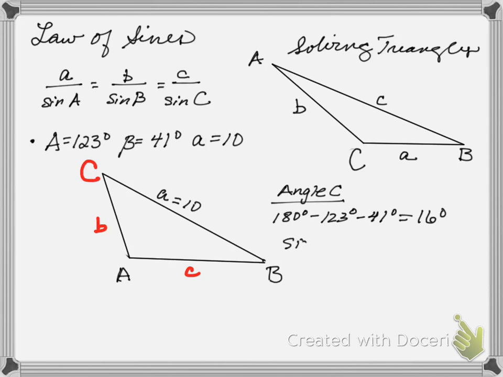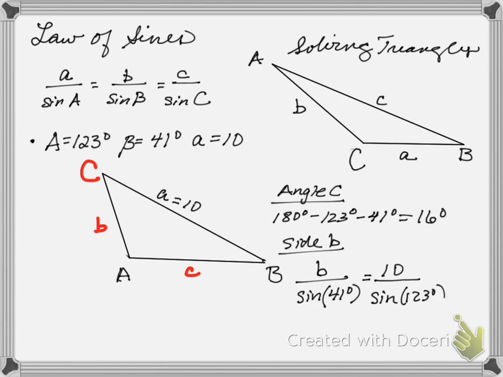So I'm going to say side B, and I'm going to set up B over the sine of B, and the sine of B is 41 degrees, so I want the sine of 41 degrees, and that is going to be equal to side A, which has been given, over the sine of angle A, which is 123 degrees.